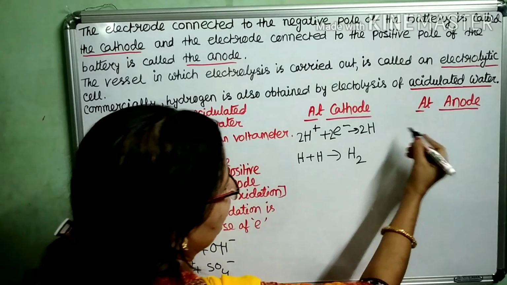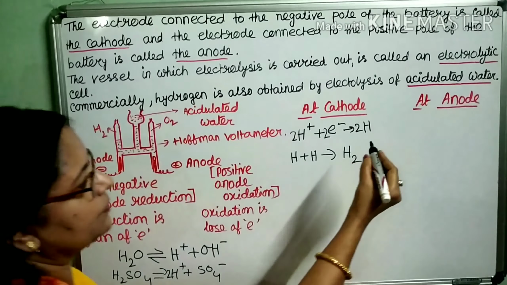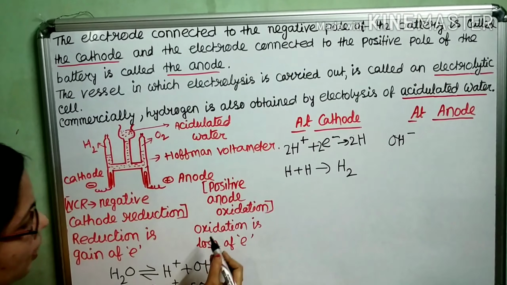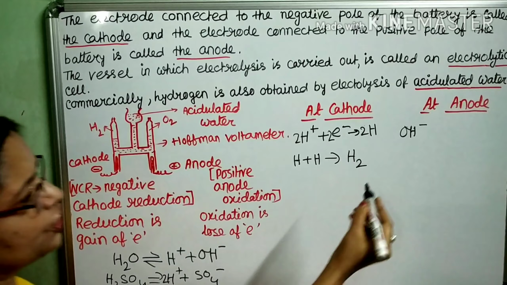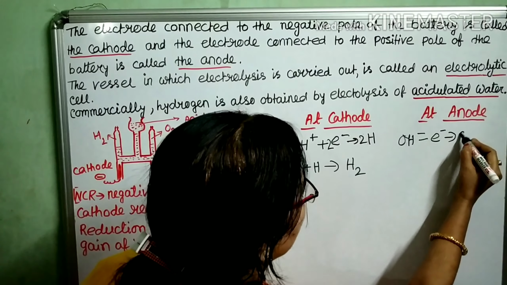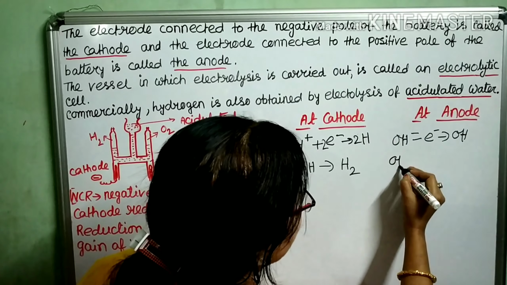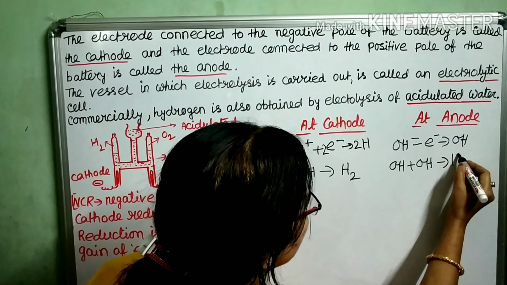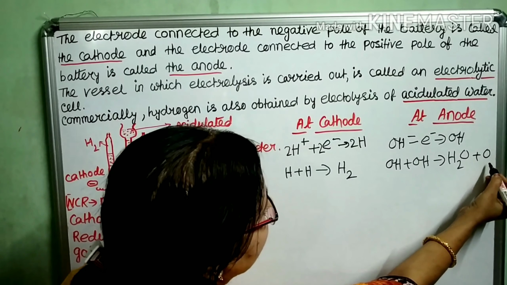Now OH minus ion goes to the anode. Here oxidation takes place, and oxidation is loss of electron. So OH minus minus electron gives OH. It cannot exist independently, so it needs another OH, and from that H2O plus O. This is known as nascent oxygen.